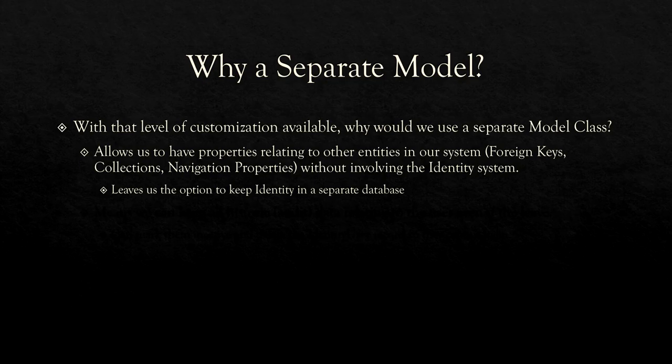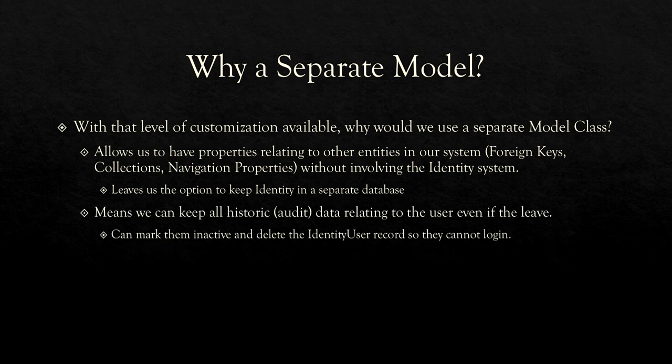We did talk about that last term, that in some situations, what you might do is have a common login system where all the identity data is in its own database, and that is shared among multiple applications, right? You can have a common login and use it in multiple apps. That way you're only maintaining that password information and everything else in one location. It leaves the door open to do that. There's other reasons why a separate model is the way to go, right?